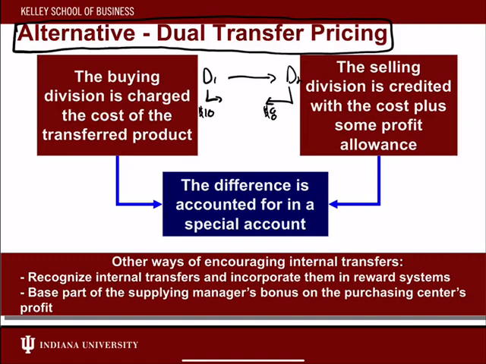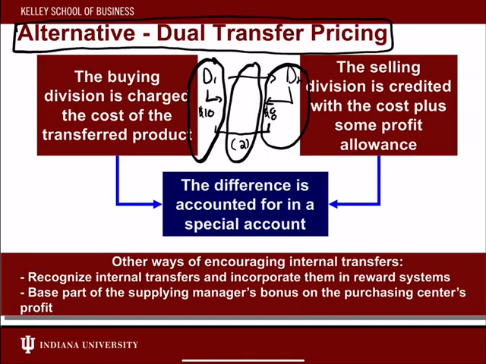And then at the corporate level, we have an account that reconciles these amounts. So we essentially have three sets of books. Division 1 has their set of books that show $10 in the transfer price. Division 2 has their set of books that shows $8 in the transfer price. And then we have a corporate set of books in the middle that is just reconciling these in special accounts.